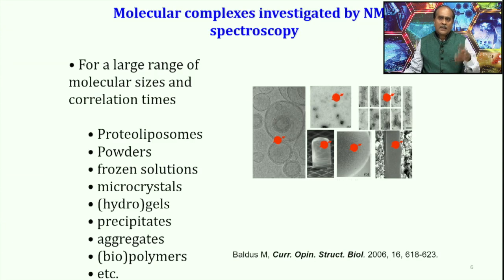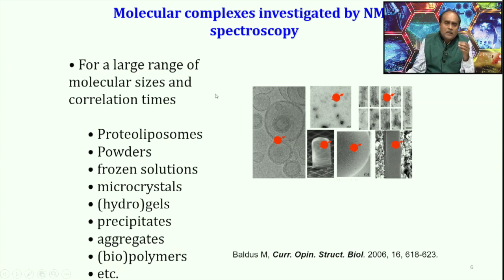So let's go back to a little bit of theory of NMR, why and how NMR evolved and what can be investigated using NMR. NMR is nuclear magnetic resonance. Here we are exploiting the nuclear property of an atom to understand its property.